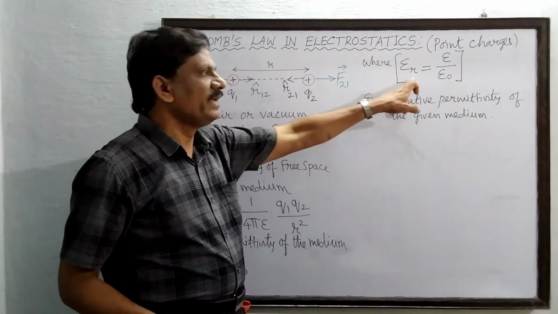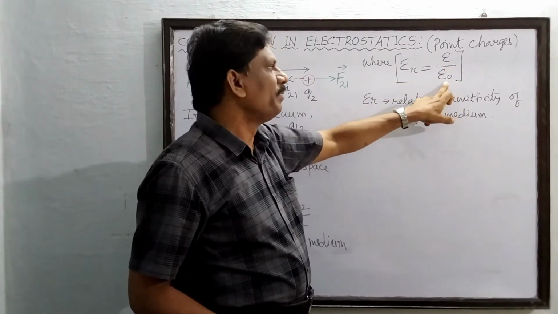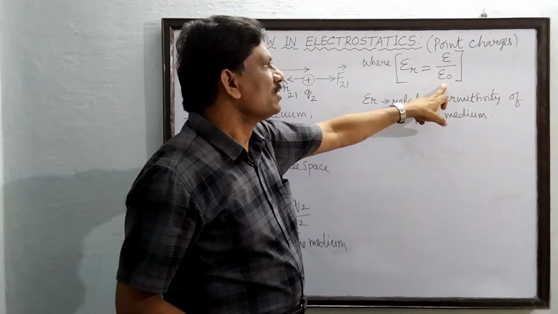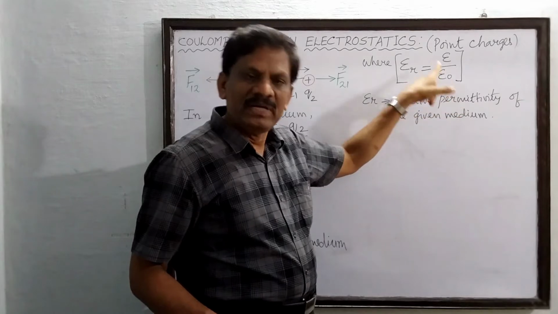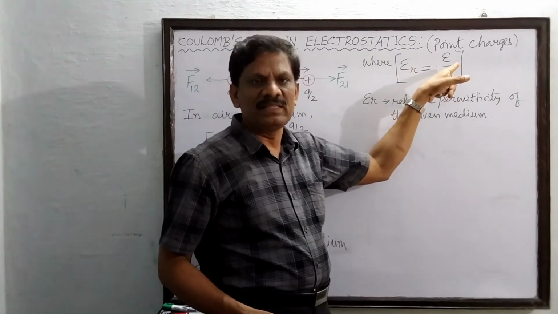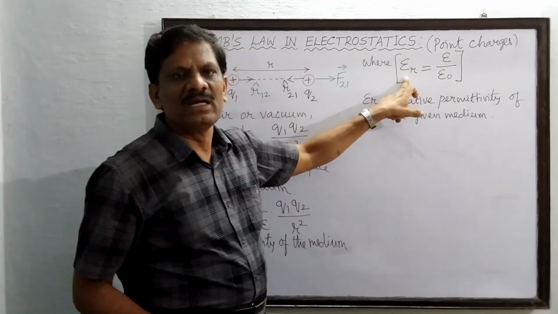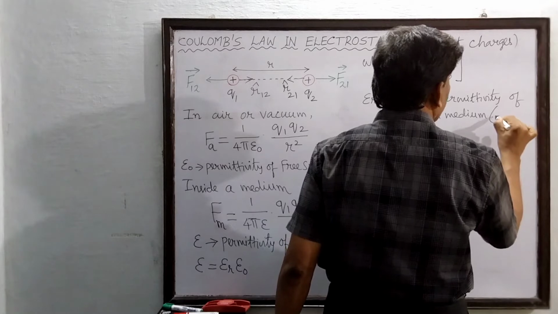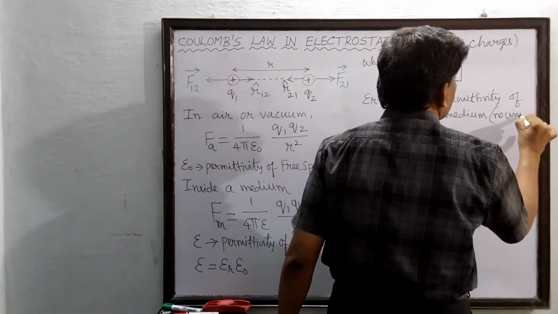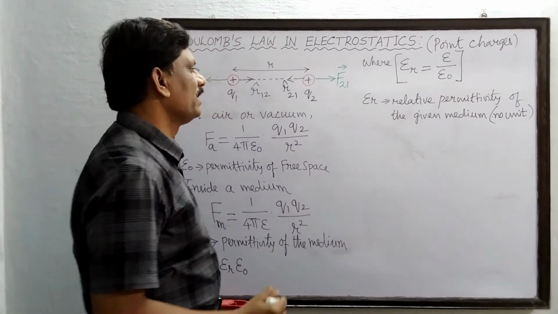It is a ratio of permittivity of the medium to the permittivity of free space. So the unit of permittivity as well as the unit of permittivity of free space, both are one and the same. Since it is the ratio of these two units, epsilon r does not have any unit.